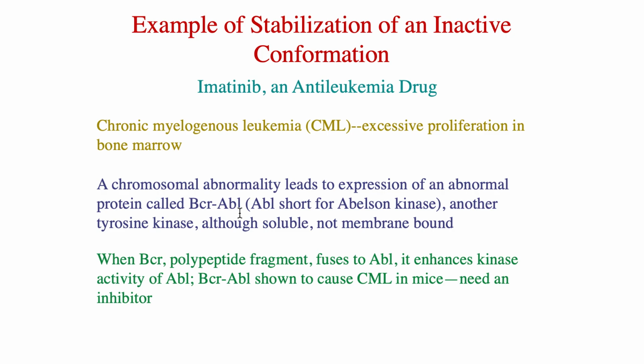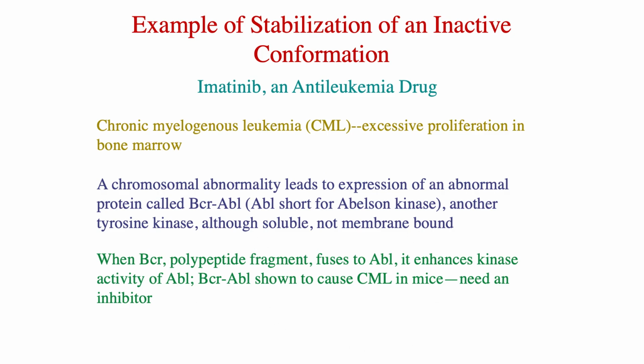And this chromosome leads to the expression of a protein called BCR-ABL. So basically, it's a fused chromosome. Two pieces of the chromosome are fused, and it changes that kinase, that ABL kinase. It changes its activity, and this causes CML.